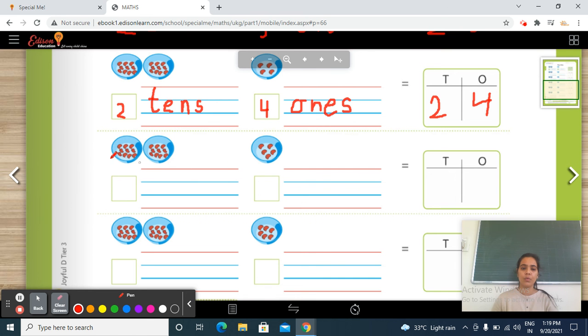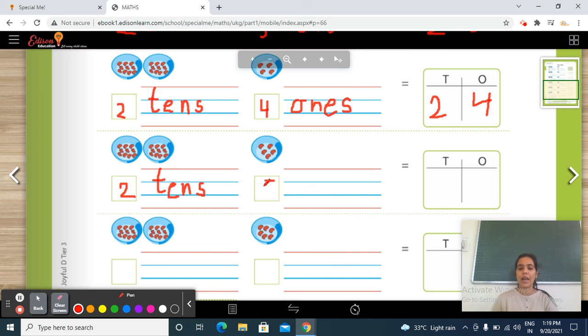Now come towards the next. Here it is again two tens, and for the next one I want the answer from you all. I'm waiting, students. Hurry up, count and tell me how many ones there are. Two tens and how many ones?